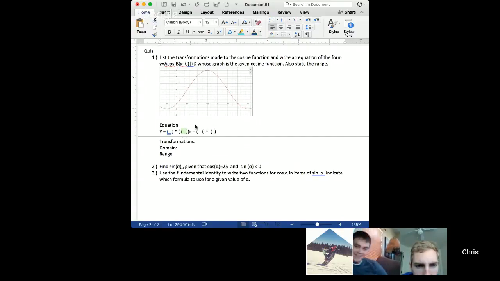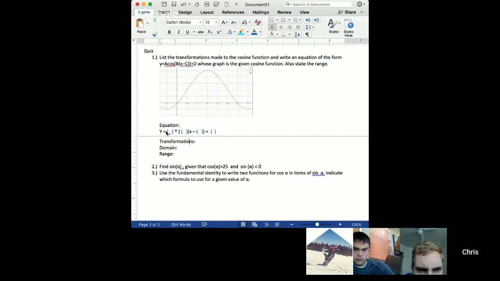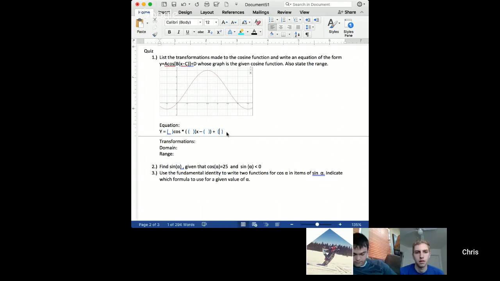Okay, and y equals a, so it's cosine, and plus 2 is the last one.